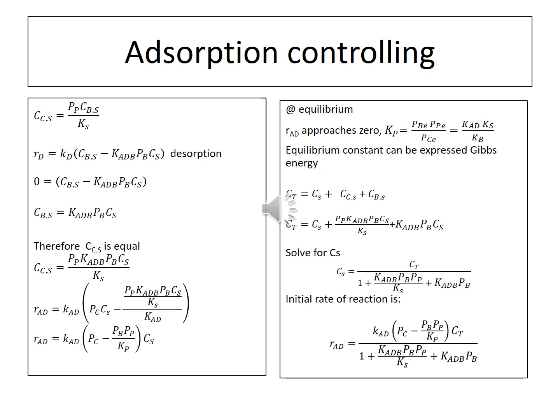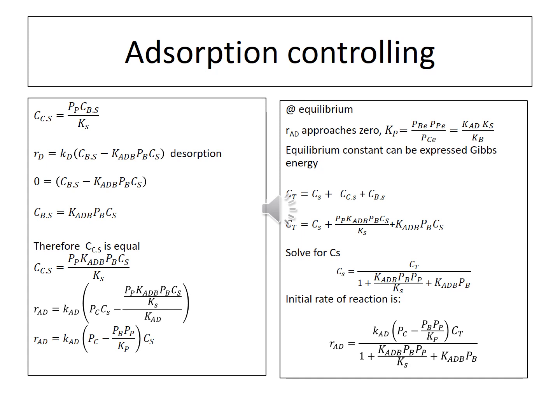To simplify the equation, you can make use of these expressions and also make use of the total adsorption sites. We already have C·S and B·S. We substitute them in the total site balance and make C_v the subject of the formula.